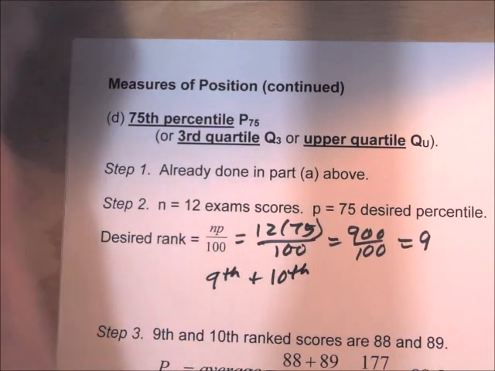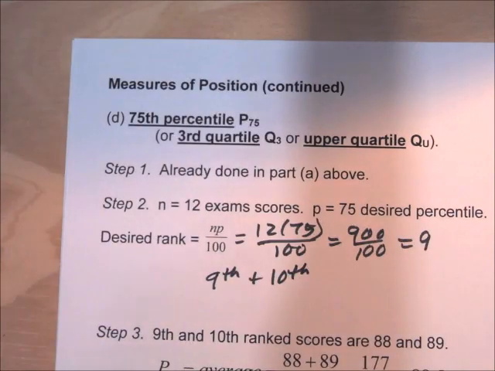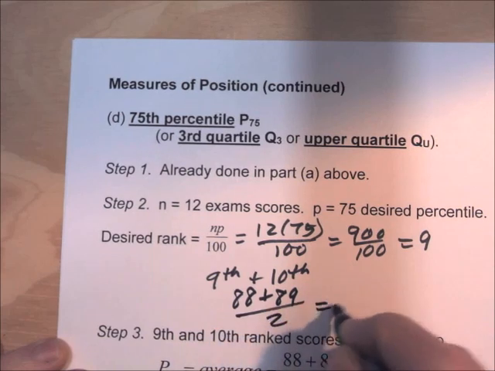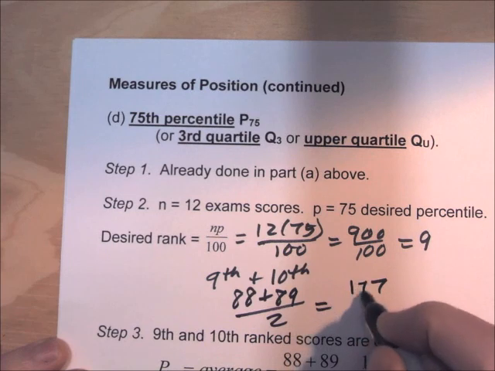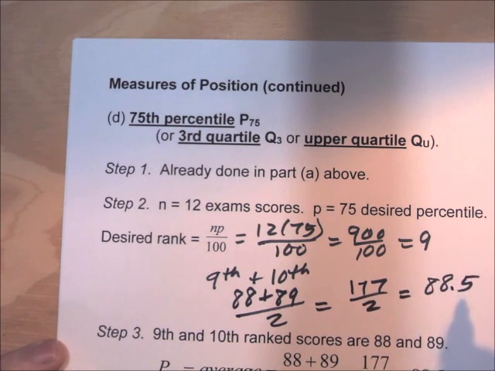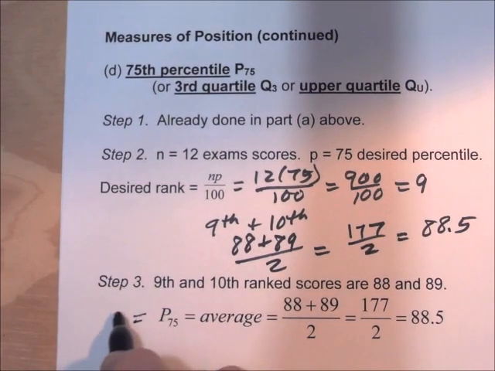If we look at our scores, we have 88 and 89. The average of 88 and 89 is 177 divided by 2, which should be 88.5. So that's P75, that's also the third quartile. More than 75% of the data, or more than 3/4 of the data.